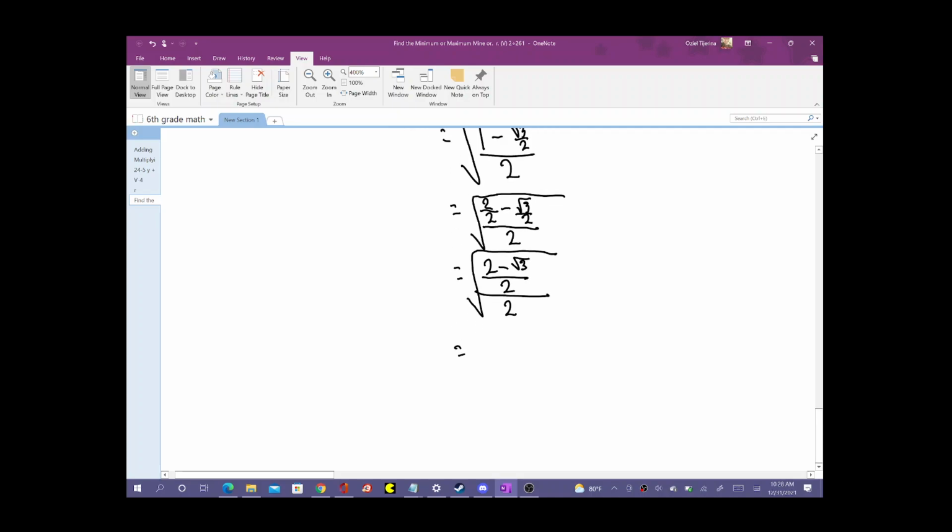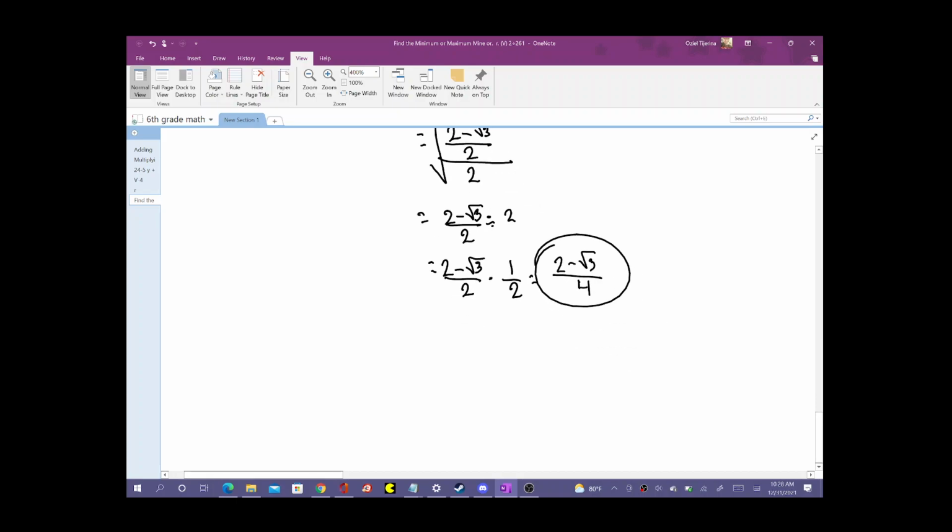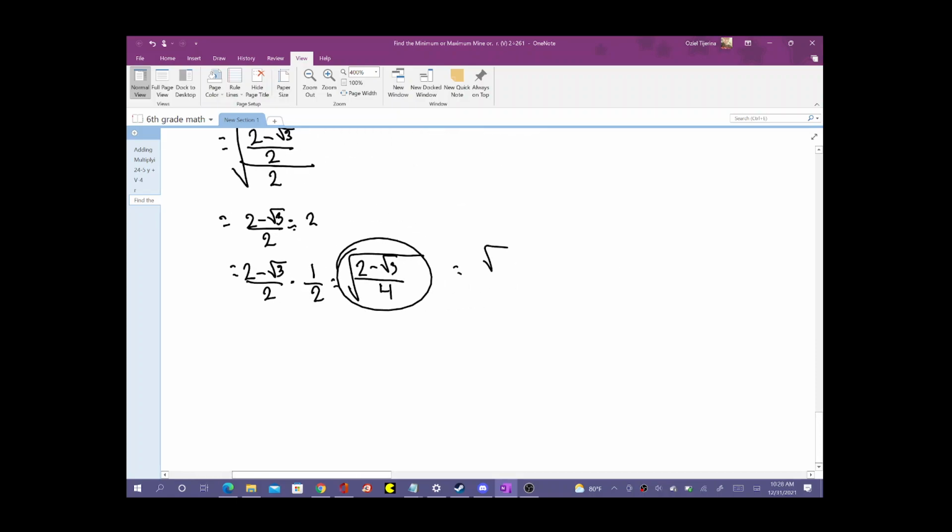This becomes (2 minus square root of 3) over 2, divided by 2, which becomes (2 minus square root of 3) over 2 times 1/2, which equals (2 minus square root of 3) all over 4, and it's the square root. So this becomes the square root of (2 minus the square root of 3) all over 2, and it's positive, right?